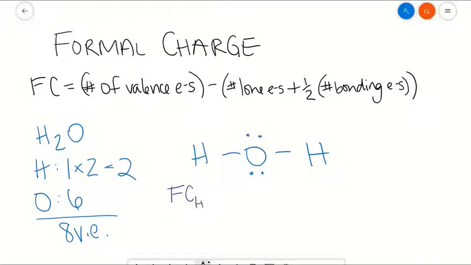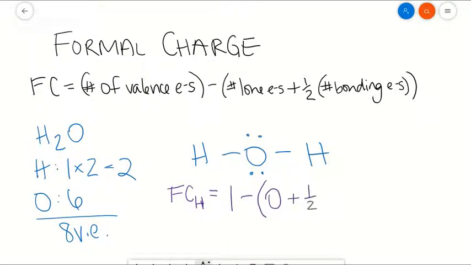So let's calculate the formal charge of hydrogen. I'm just writing FC for formal charge and then a little H. We want the number of valence electrons for hydrogen, which is 1, minus the number of lone electrons on hydrogen, and you can see it doesn't have any. All of them are bonding, none of them are lone electrons, so that's a 0.